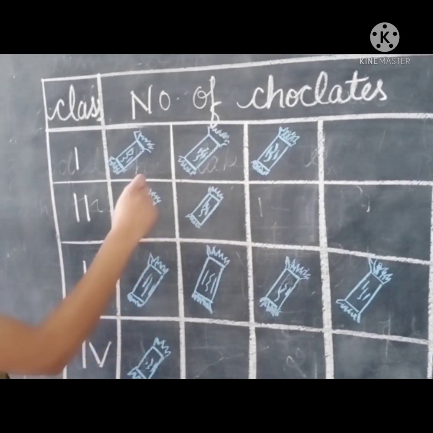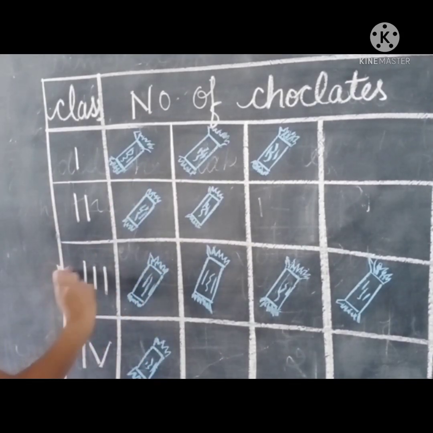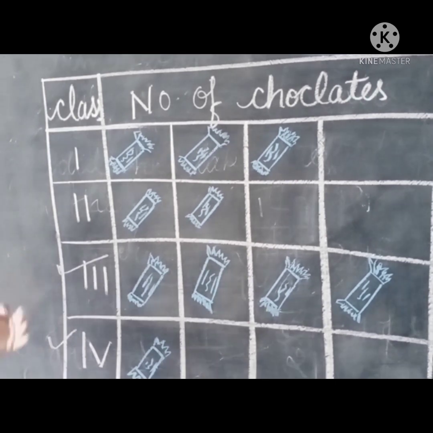Which class got the maximum number of chocolates? Third class. And which class got the least number of chocolates? That is fourth class. By looking at this, you can easily tell which has got the maximum, which has got the least, which class has got 2 chocolates, which class has got 3 chocolates.